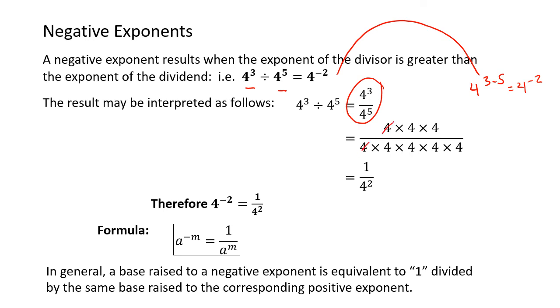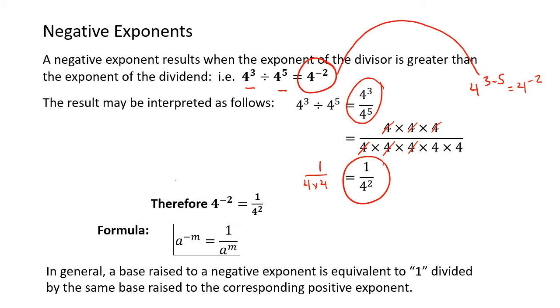So we can cancel the 4's in both. And what we're left with is 1 divided by 4 times 4, which is 1 divided by 4 squared. So what you'll see is 4 to the exponent negative 2 and 1 divided by 4 to the exponent positive 2 are the same number, okay?